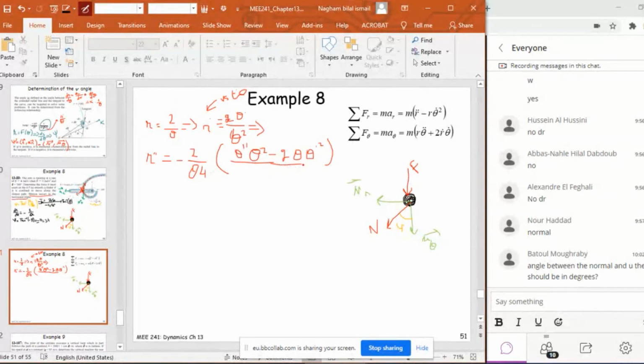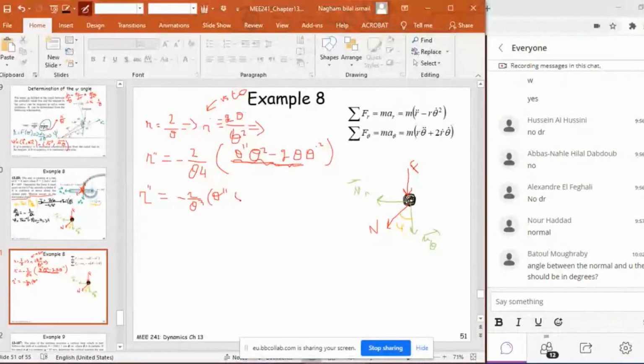All right, so this will be over theta 4. Okay, now what I'm going to do is remove 1 theta with this theta 4, which means r double dot will be equal to minus 2 over theta 3 times theta double dot theta minus 2 theta dot squared. All right, so this is r double dot.